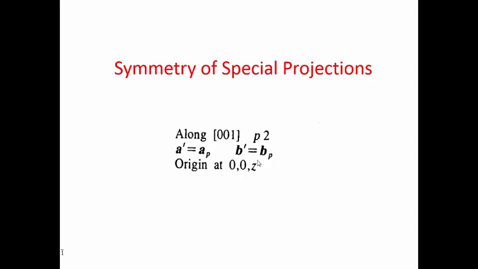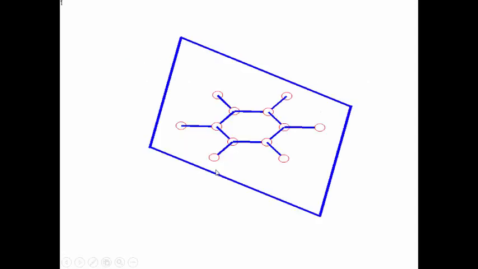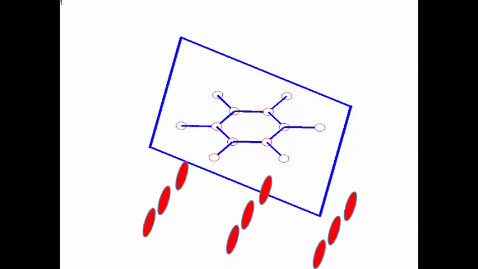And here's along the C, the 0, 0, 1, and when you do that, you're going to see P2, and we can see these various projections, and the origin remains the same. So here is looking down the C-axis, and remember, this whole molecule is really skinny, in the plane.